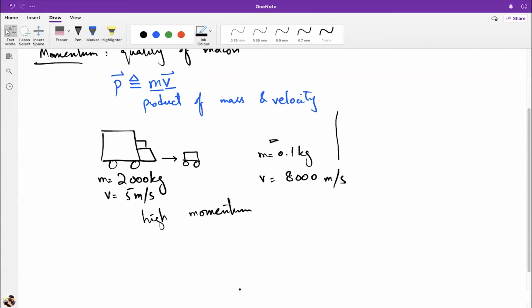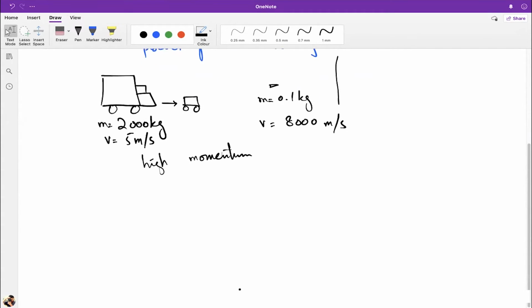But we can say that this is a very sturdy cart. Then when the truck comes and hits it, the cart starts to move at much higher speeds than what it was initially at. All right. So collisions are where momentum really shows what it means.